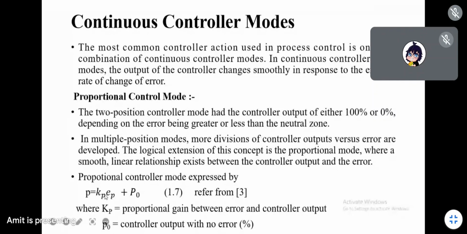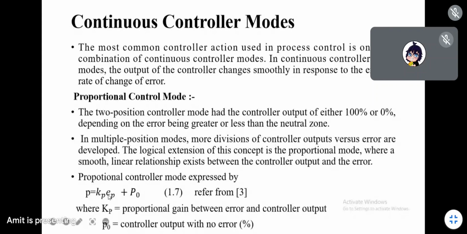Suppose your Kp is 1 and Ep is 1%. So your controller output is now 1%. Now your Kp is 2, so your controller gain is 2. When error is 1%, your proportional output, or controller output, will be 2%.